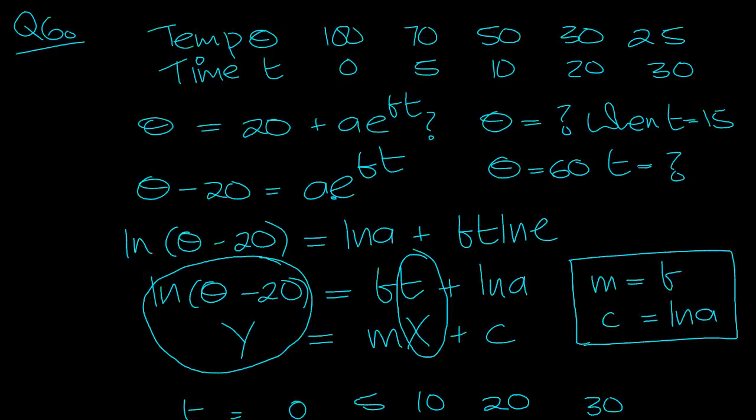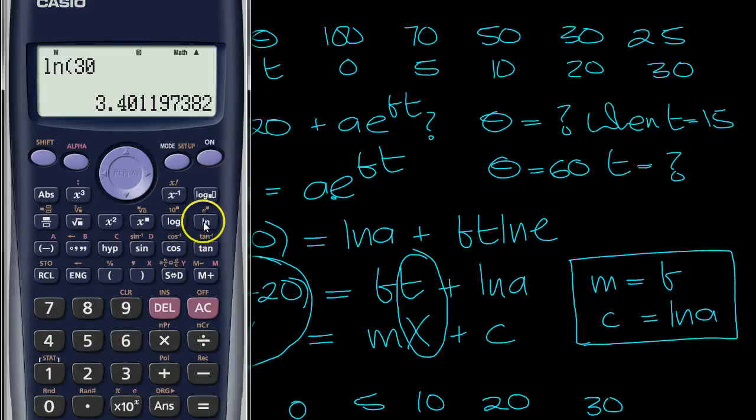And then the 20 value, which is when theta is 30. 30 minus 20 is 10, the natural logarithm of 10, ln 10, 2.30.